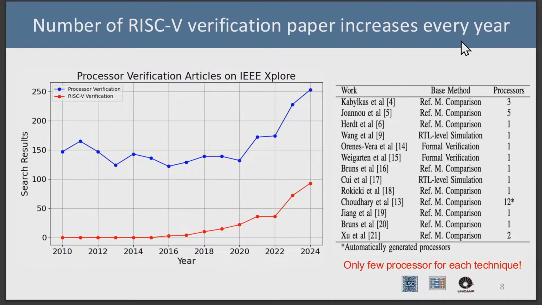Mostly, papers verify 3 processors, 5, 1, and suddenly you find one with 12 processors, and okay, let's read it, let's find out. It was 12 configurations of the same processor. So it's not exactly 12 different processors, but the same one with several configurations. So the 103 we showed you are 103 different distinct GitHub links.